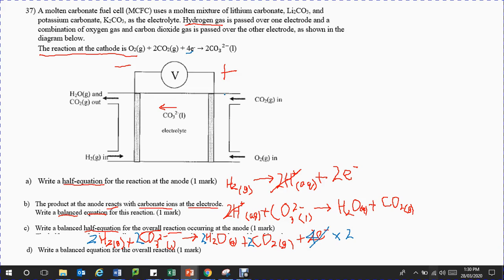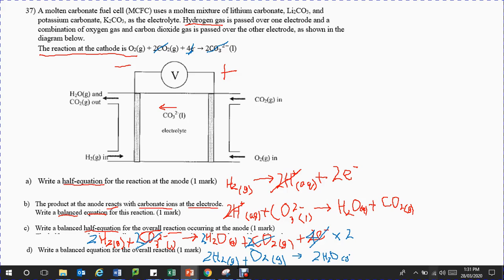So I've got 4 electrons there, 4 electrons, 2 carbon dioxide, 2 carbon dioxide, 2 carbonate ions, 2 carbonate ions, and all I'm left with overall is 2 H2 gas plus the O2 gas at the top, gas, which gives me 2 H2O, and that was a gas.